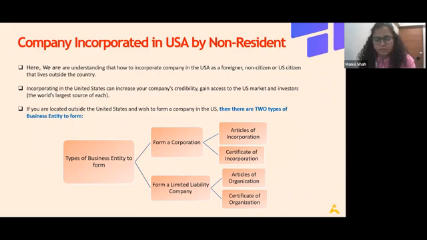The article of incorporation defines the purpose of the specific corporation, and the article of organization defines the purpose of the LLC. That is the major difference between both categories.